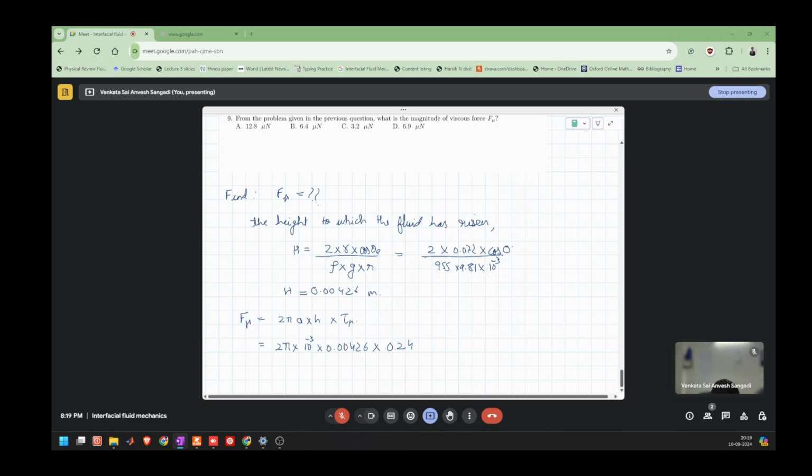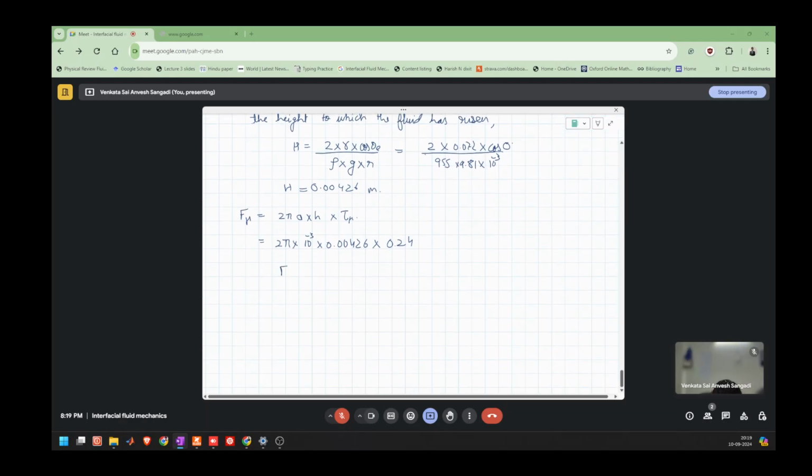So this comes out to be, the sign is negative, but the magnitude is 0.0064 millinewton, or 6.4 into 10 power minus 6 Newton.